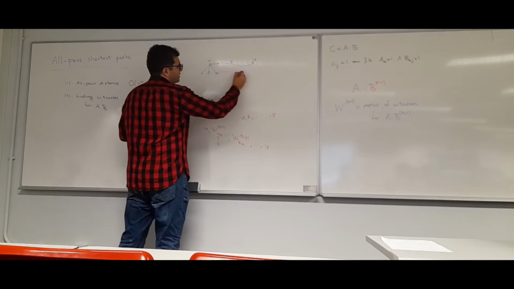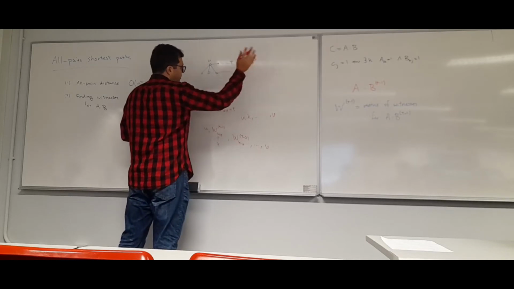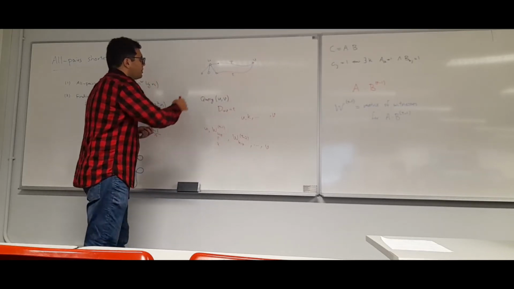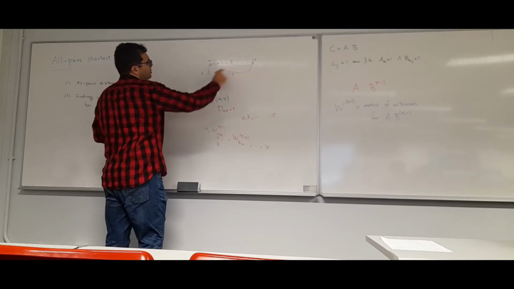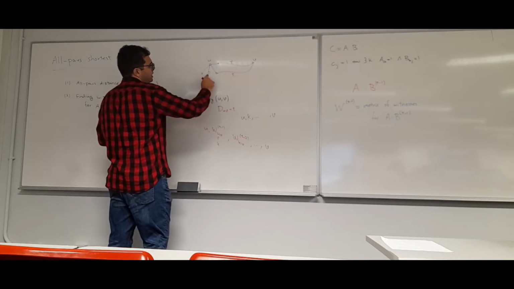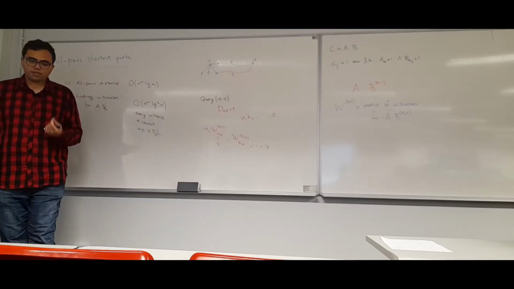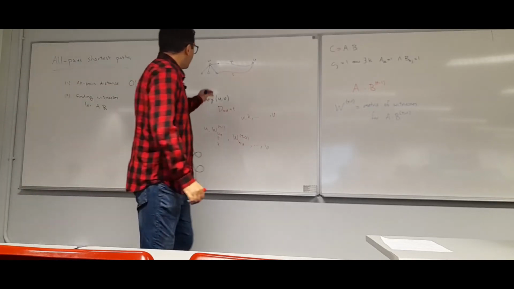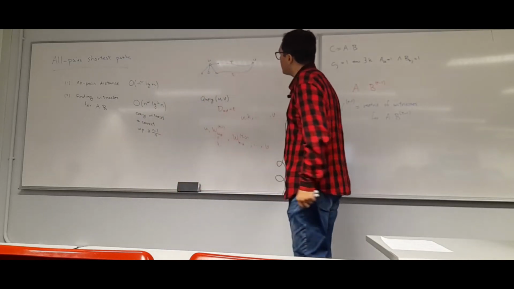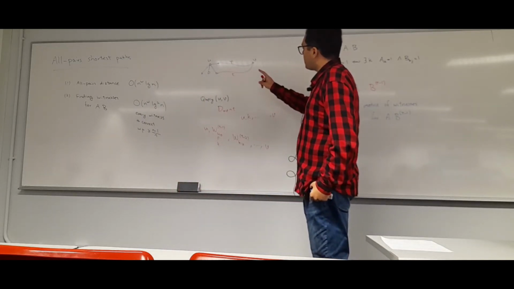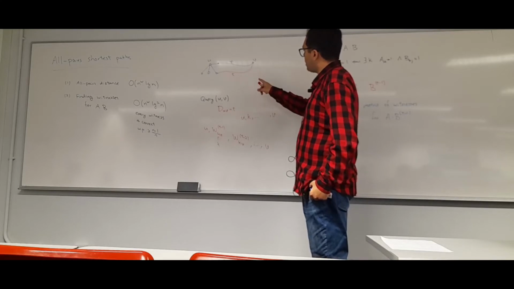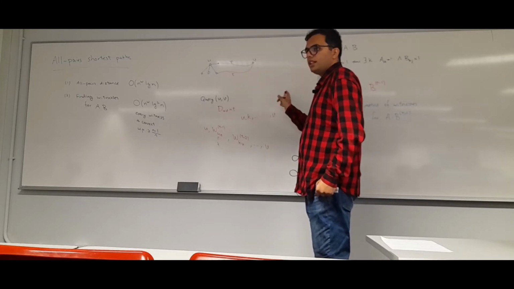It might be that this vertex has a path of length t. That's fine. Or it might be that the shortest path goes through U, and then this vertex will have a distance of t plus 1. But the important point here is that if I have this vertex U, all the possible distances from its neighbors to V are just going to be t minus 1, t, and t plus 1.